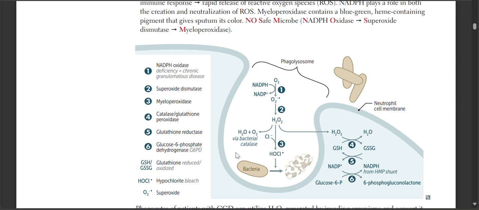Initially you started with a deficiency of this enzyme, NADPH oxidase. Because you have a deficiency of that enzyme, you started getting more infections with catalase positive bacteria.